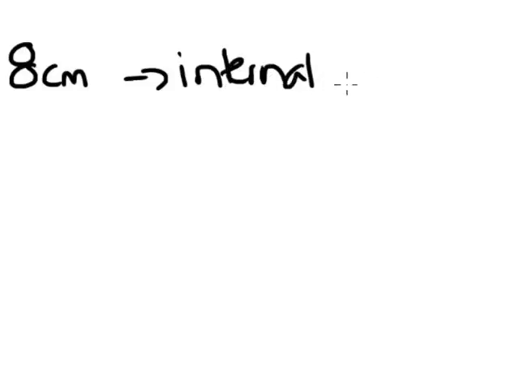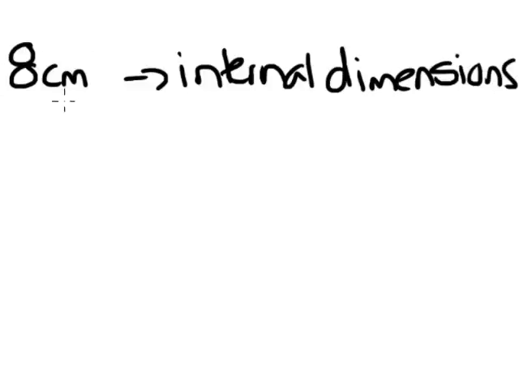Let's have a look at our next question. The walls of the cooler box are 8 centimeters thick to ensure good insulation, and we want to know what the internal dimensions of the box are. So let's first find the external dimensions.